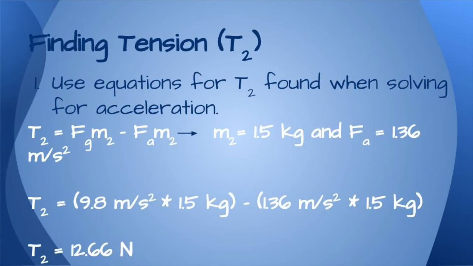So we have all the values we need to substitute into the equation. 9.8 meters per second squared goes in for the force of gravity, and the second mass is 1.5 kilograms, minus 1.36 meters per second squared for the acceleration, and finally mass 2 again, 1.5 kilograms. And when substituted into the equation, you get that the second tension is equal to 12.66 newtons.